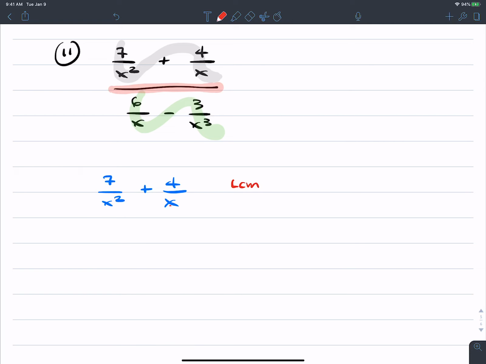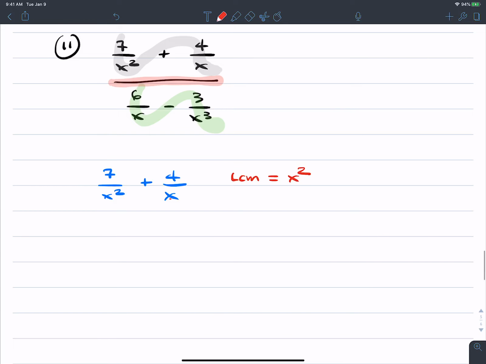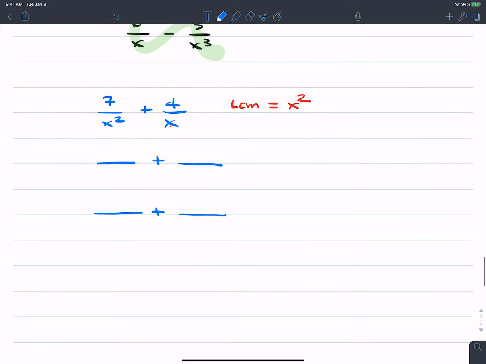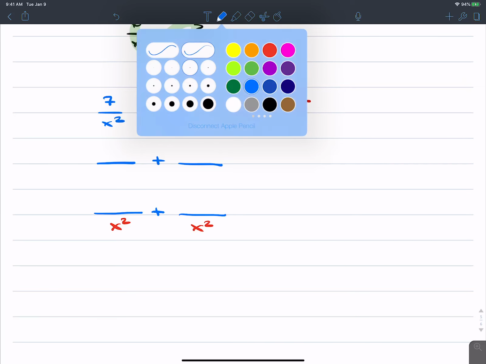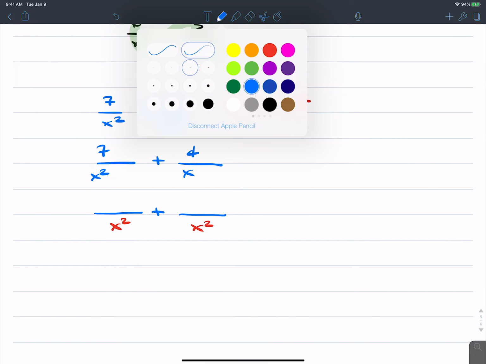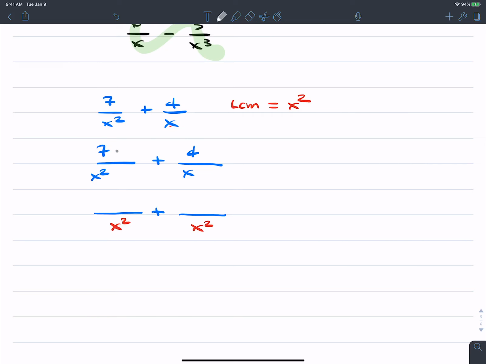My LCM of x and x squared here is x squared. So as we rewrite this first sum on top here, the LCM, x squared goes down here. We copy our fractions, 7 over x squared, 4 over x. We need a term to multiply to the top and the bottom here.